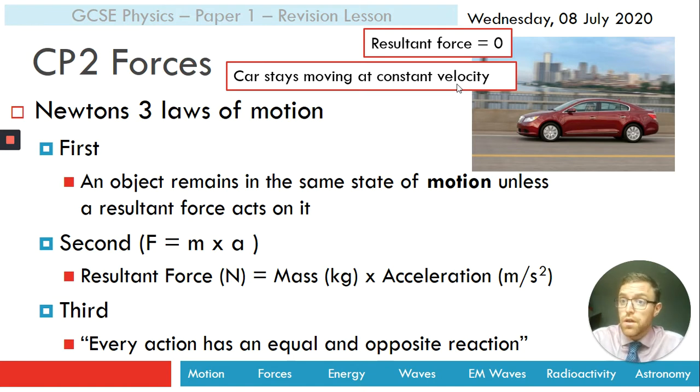It is Newton's 3 laws of motion. What are Newton's 3 laws of motion? You've got some hints here: the first, second, and third. But of course, that doesn't explain the laws and how they work. So you can write down from forces, Newton's 3 laws of motion, first, second, and third.